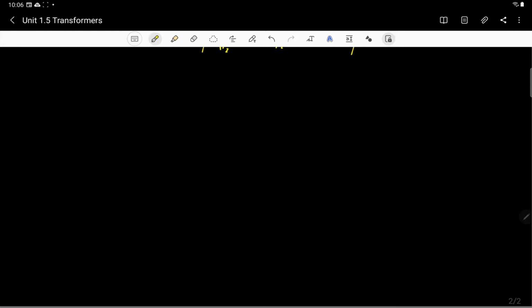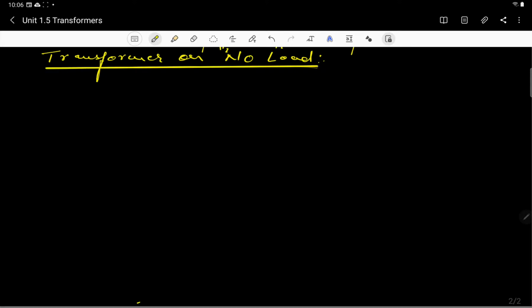Now let's discuss the transformer on no load. A transformer is said to be at no load when the secondary winding is open circuited.